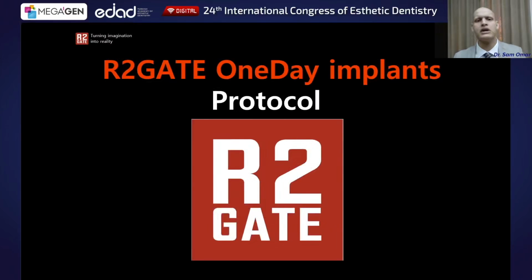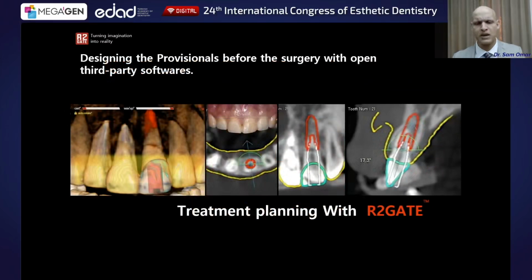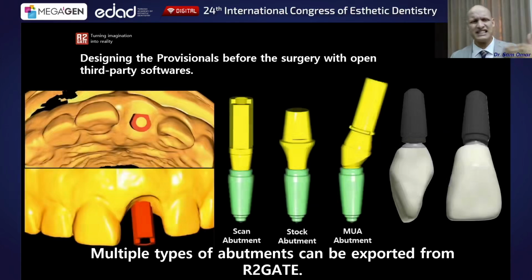Well, very good. So let's talk about the R2Gate one-day implants protocol. The great thing about R2Gate is that now when you're doing the treatment planning, you'll be able to export multiple different types of abutments from the software along with the model of the patient. And that allows you to choose what type of final restoration or what type of temporary restoration you'd like to do for the patient.